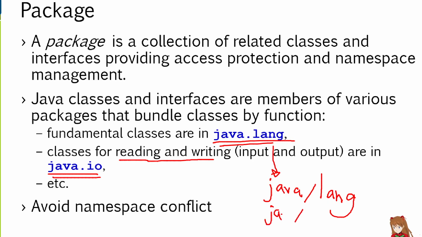Things in a different package, like in java.io and java.lang. If you have class A in java.lang and class A in java.io, it's okay. You can have classes with the same name as long as they are in different packages.